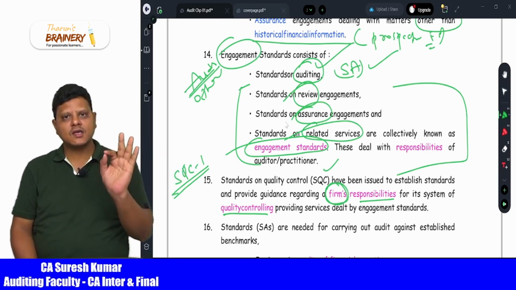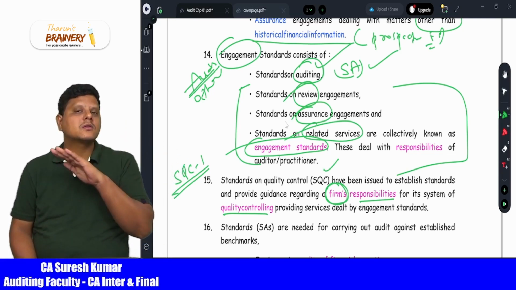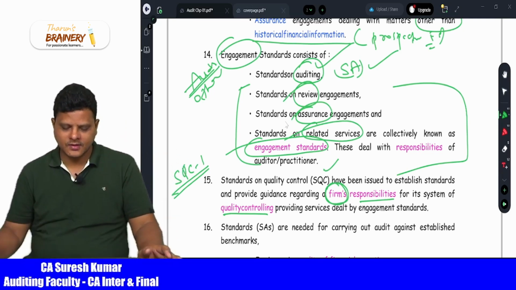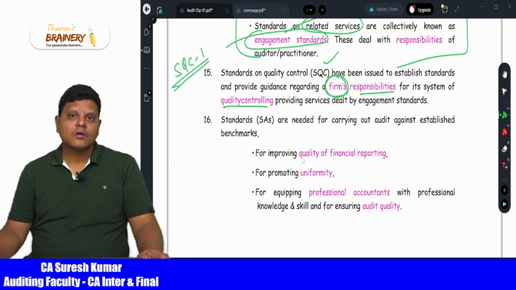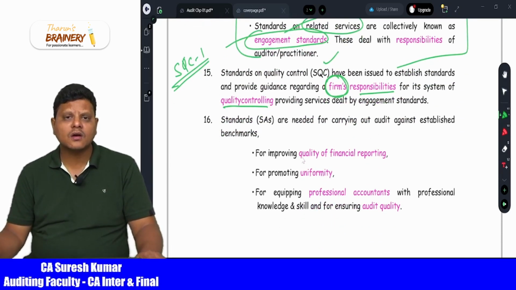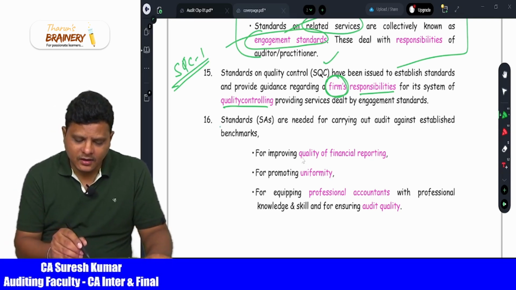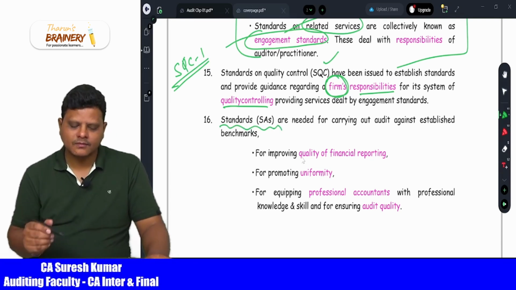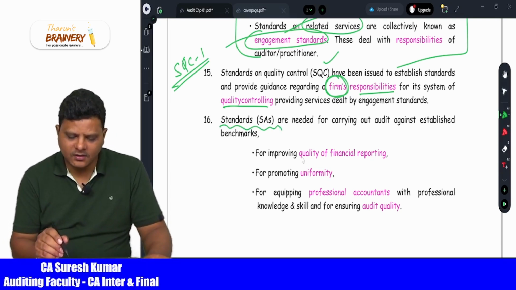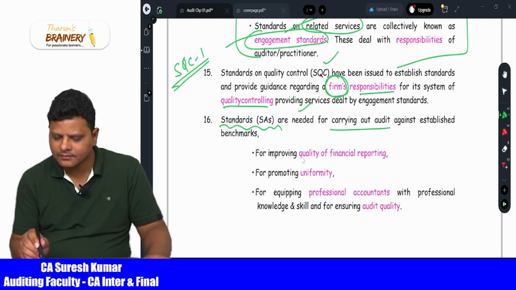When I say CA firms, it is not applicable to the partners, that means the chartered accountants who are appointed as auditors. For them, Standards on Auditing are applicable in order to carry out the audit.